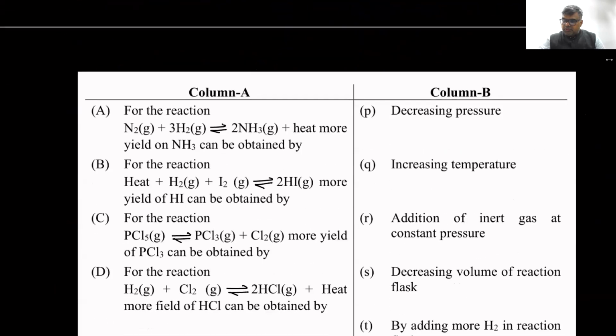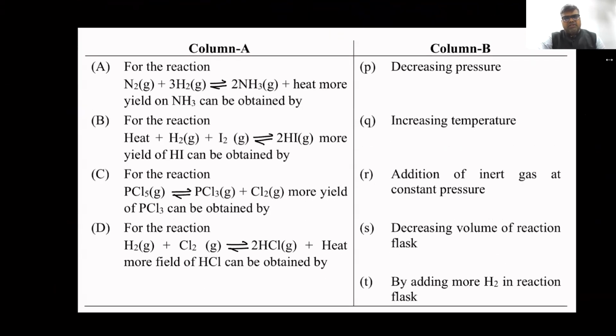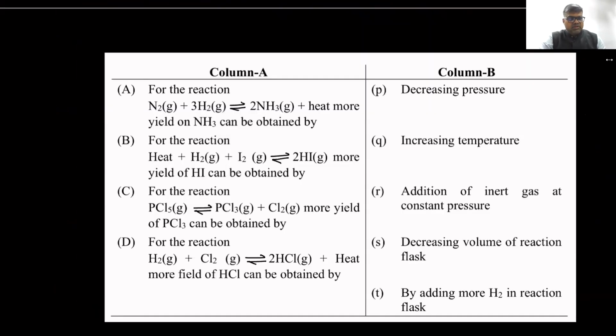Then we move to another question, this one. Again, just a simple application of Le Chatelier's principle. Since I have used two or three questions in which concentration was affected, sometimes these types of questions affect your actual concept of Le Chatelier's principle.